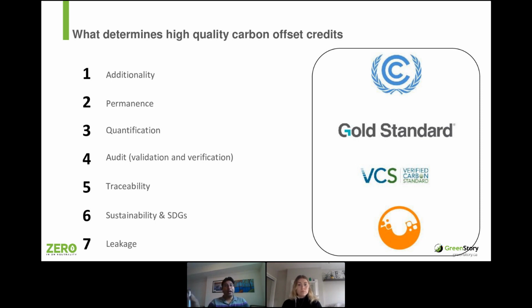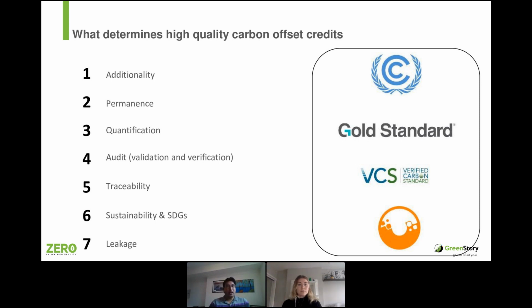The sixth important criterion is sustainability and adherence to social development goals. What sustainability means here is that all the projects should adhere to the existing environmental and social guidelines or regulations where the project is happening, but it should not have any negative environmental consequences. A good example would be a large hydro project, right? A large hydro project can have a massive impact on the surrounding environment. It displaces people.